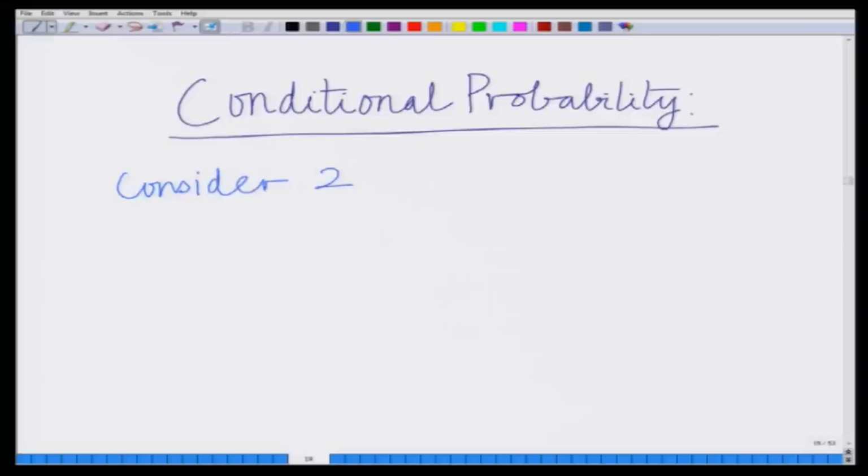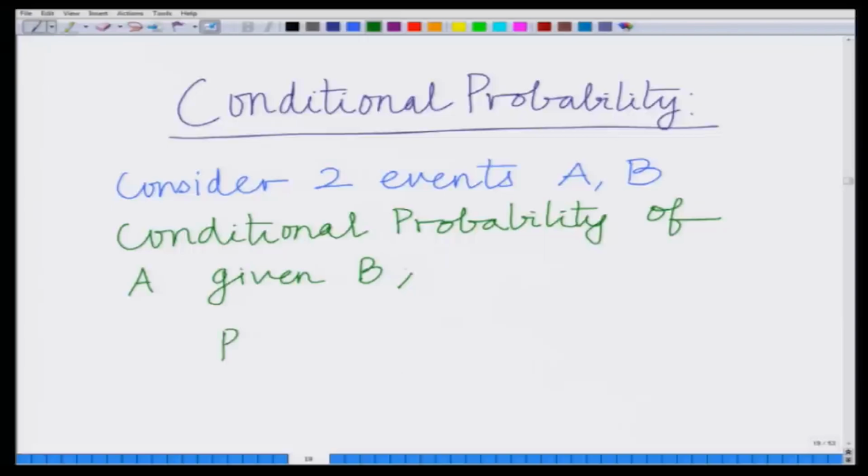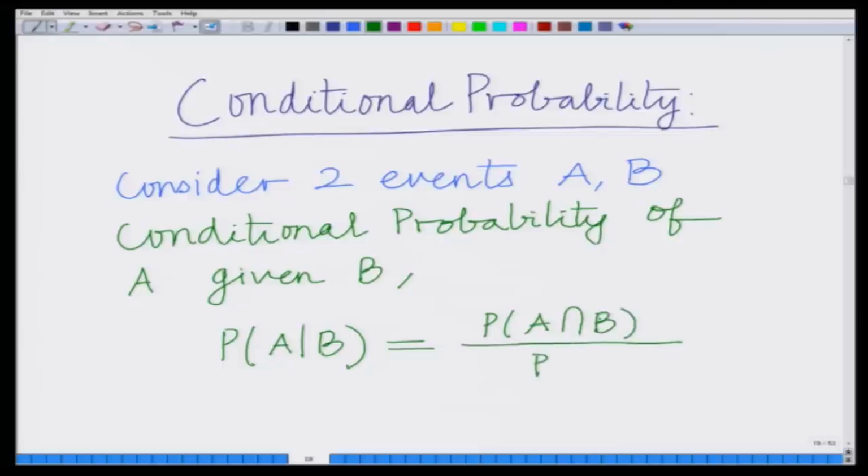Consider two events A, B. Now the conditional probability of A given B is denoted by the probability of A given B, which is the probability of A intersection B divided by the probability of B.